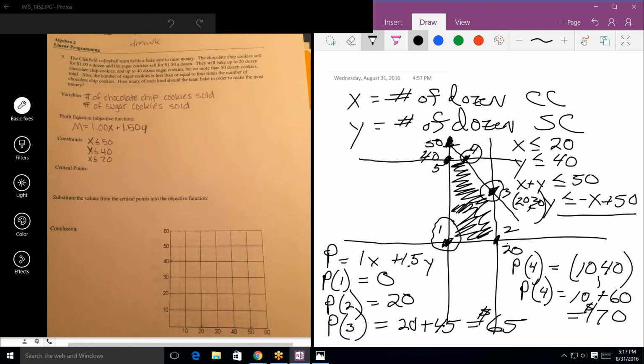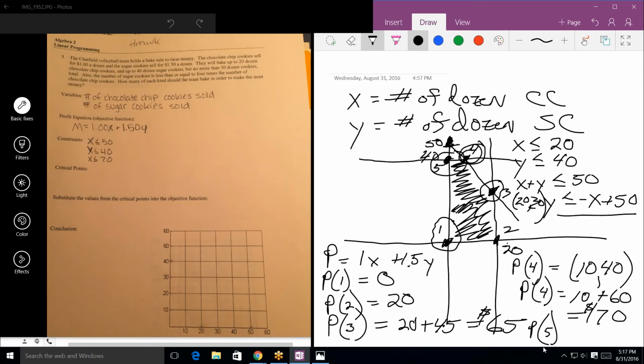So that point there so far is our best combination. One last point we have to check is this point right there. What are the coordinates of that point? 0, comma 40. Plug those numbers into the profit equation. So what's the profit on point 5?